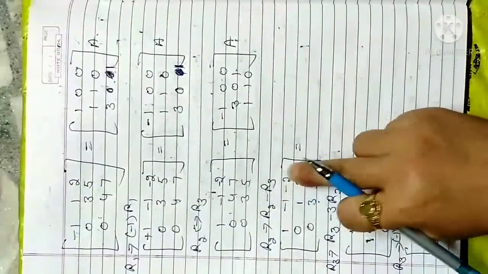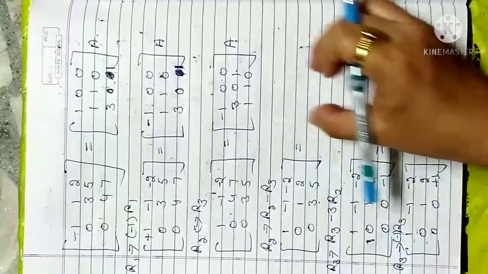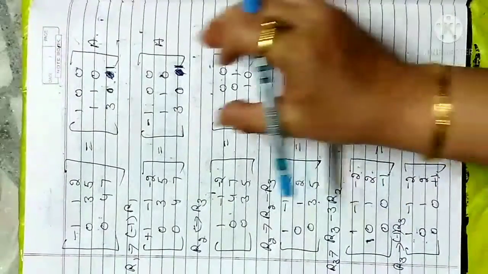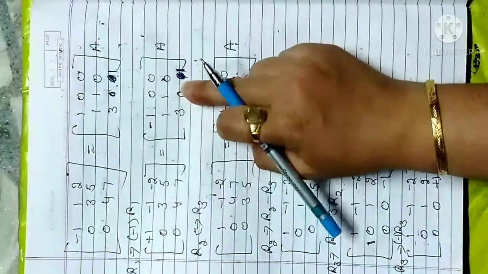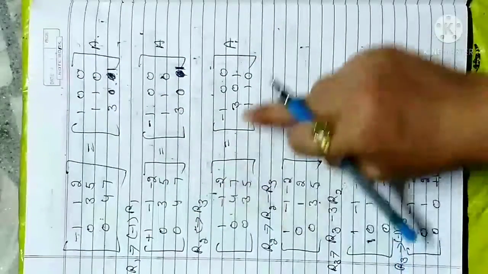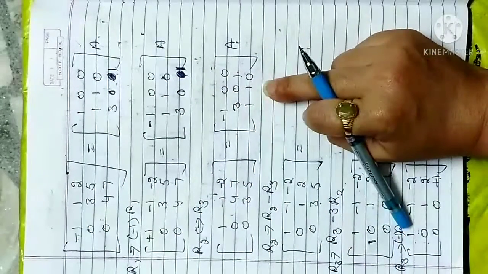Whatever operation I applied on the left side, now I apply on the right side. I already applied the same operations here: multiply with negative sign, interchange row 2 and row 3.